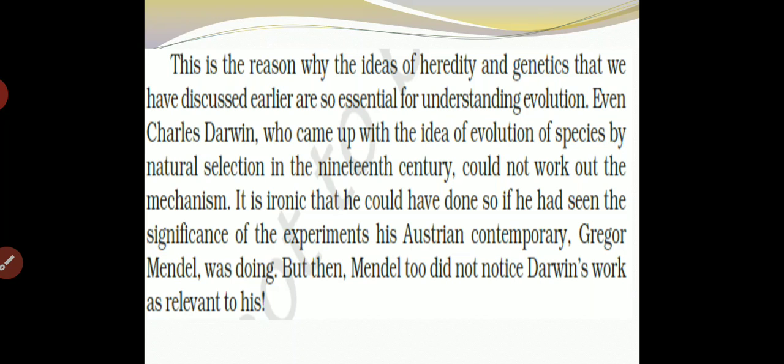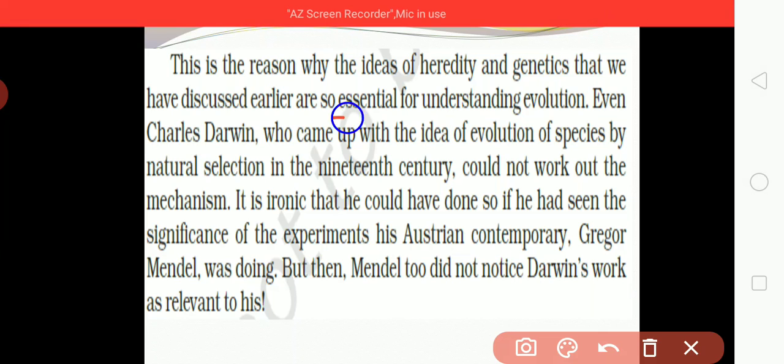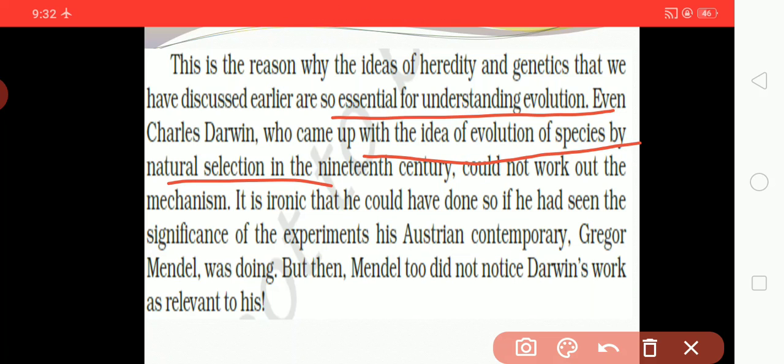So, this is the reason why the ideas of heredity and genetics that we have discussed earlier are so essential for understanding evolution. Even Charles Darwin, who came up with the idea of evolution of species by natural selection in the 19th century, could not work out the mechanism.